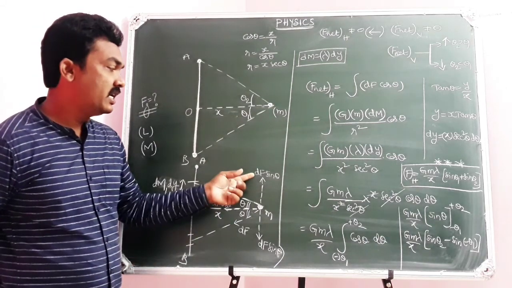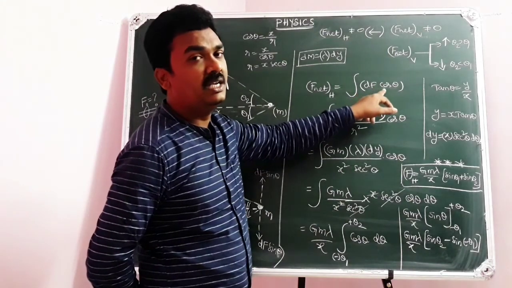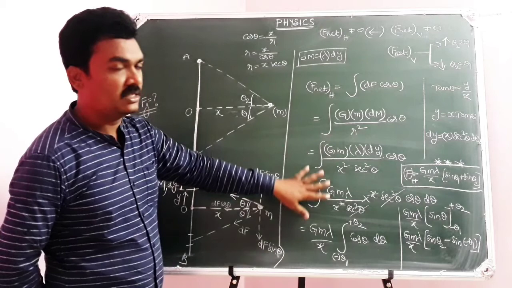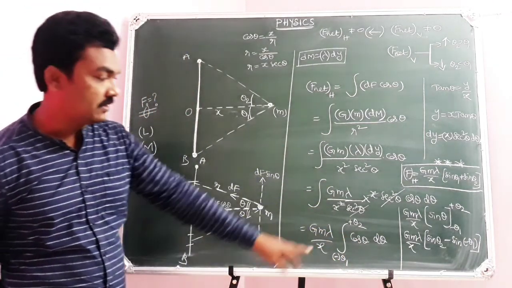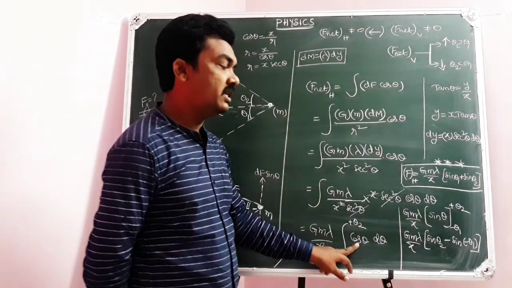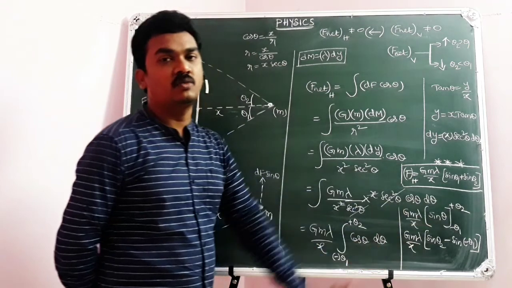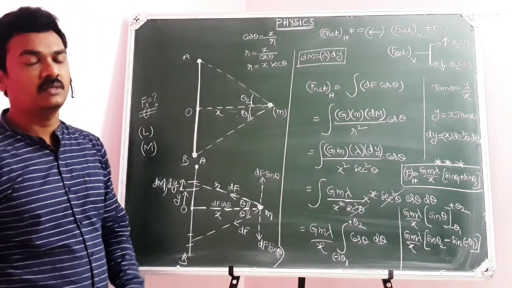That can be obtained by integrating dF sin theta. So in place of dF cos theta, you will have dF sin theta. The remaining entire calculation is the same. Here instead of cos theta, you will come across sin theta, where the integral of sin theta will become minus cos theta. Minus cos theta, limits to be applied. Then you will get a net vertical force in the upward direction.